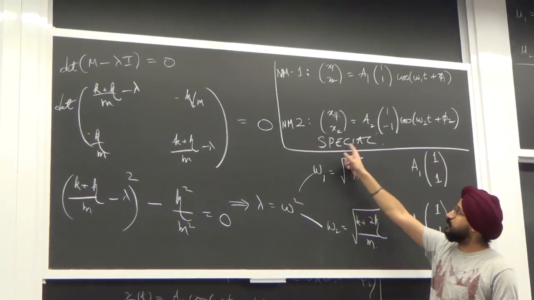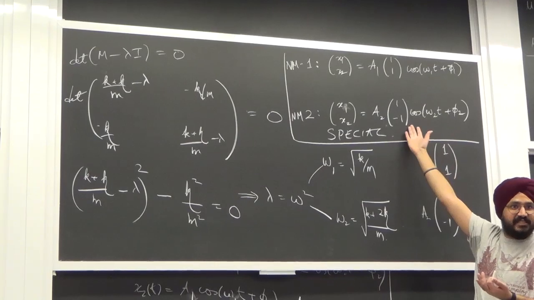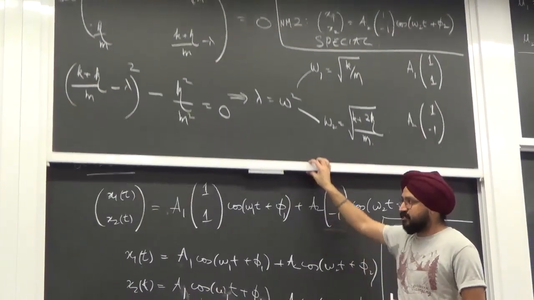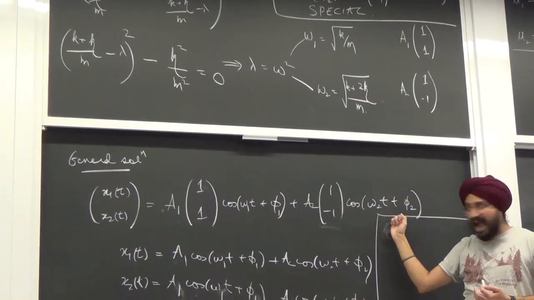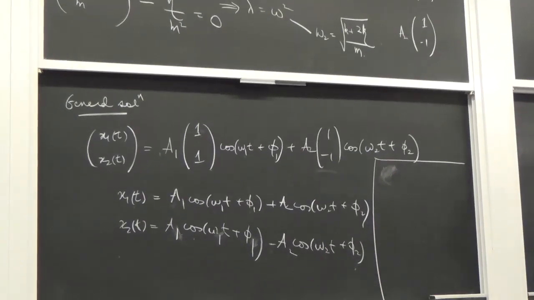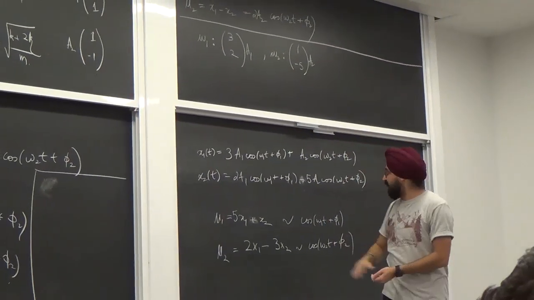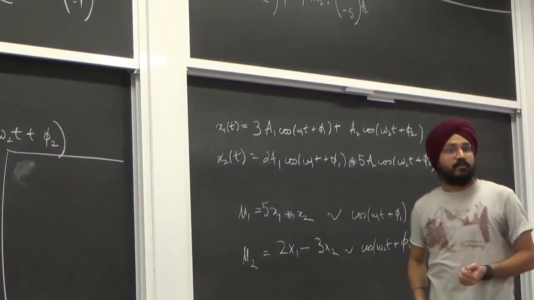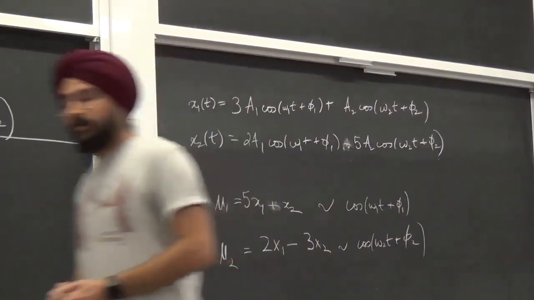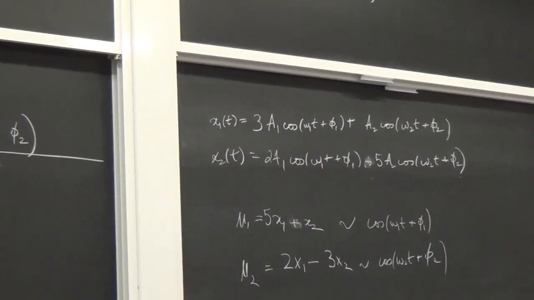Normal modes are the special ones which have the same frequency as we just discussed. General solutions are linear superpositions of the two. And those special combinations of x1, x2 which decouple in the sense that they only have one frequency of oscillation are normal coordinates.